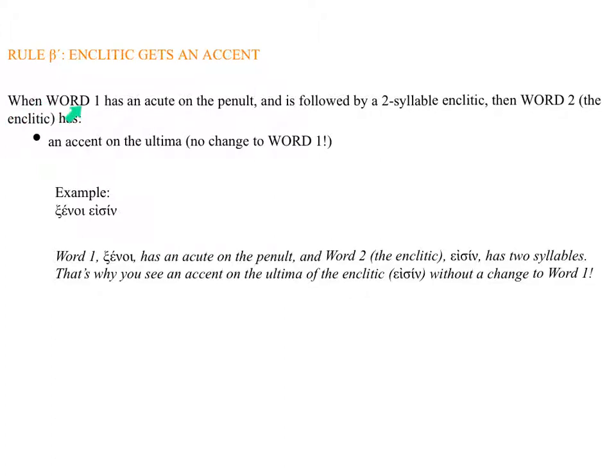When word 1, the word that comes before the enclitic, has an acute on the penult, which is the second to last syllable, and it's followed by a 2-syllable enclitic, then word 2, which is the enclitic, has an accent on the ultima.